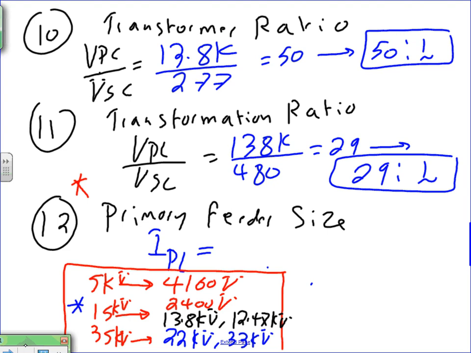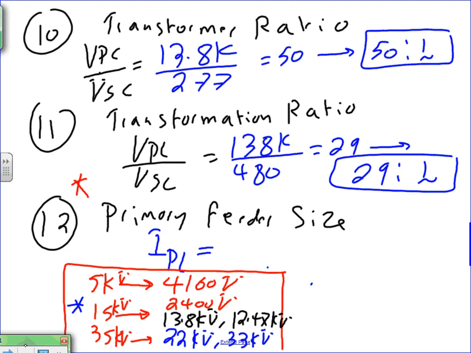Primary feeder size. Ashley, my friend, now we're dealing with high voltage conductors. The high voltage conductors are rated 5 kV, 15 kV, 35 kV, and higher. Now we're not dealing with 600 volt THHN conductors. We're dealing with higher.